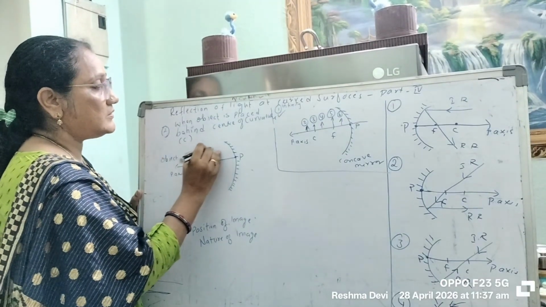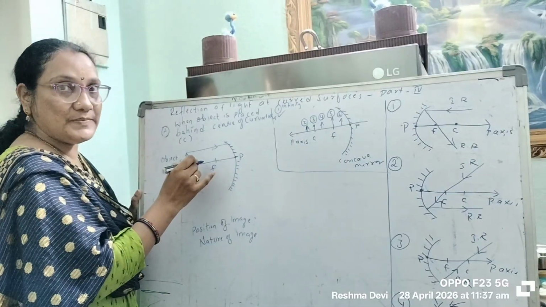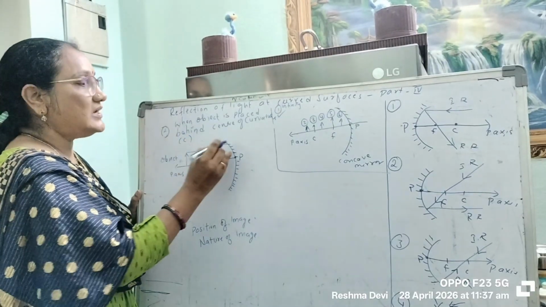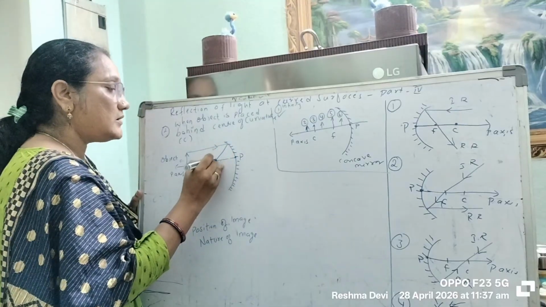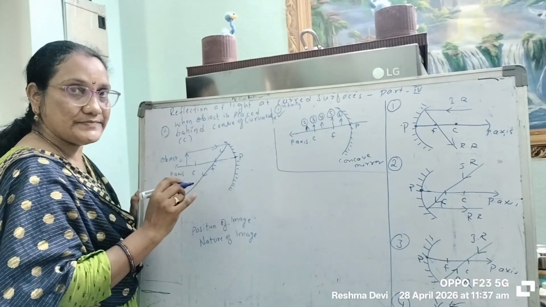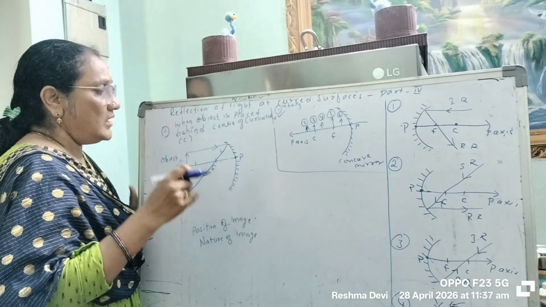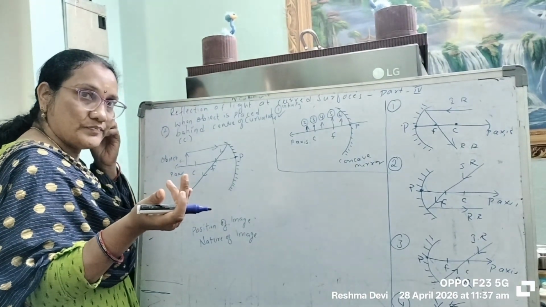Now see, ray 1 parallel to the principal axis. After reflection, they pass through the focus as per rule 1. Now, let us draw another ray also. Okay.